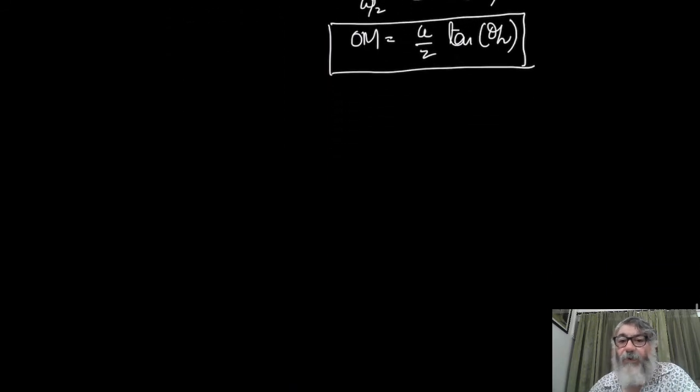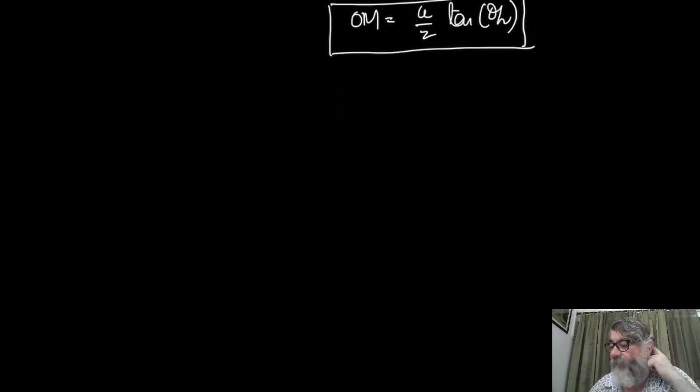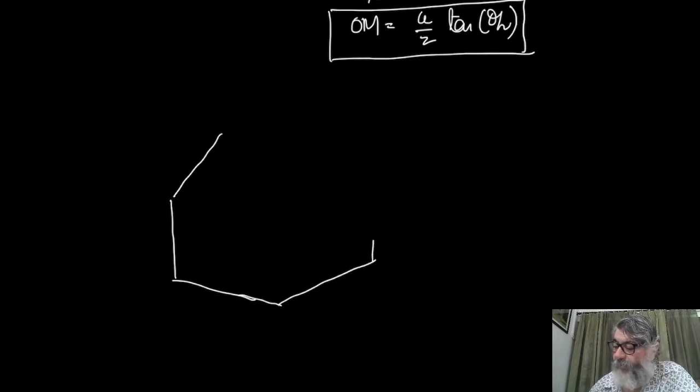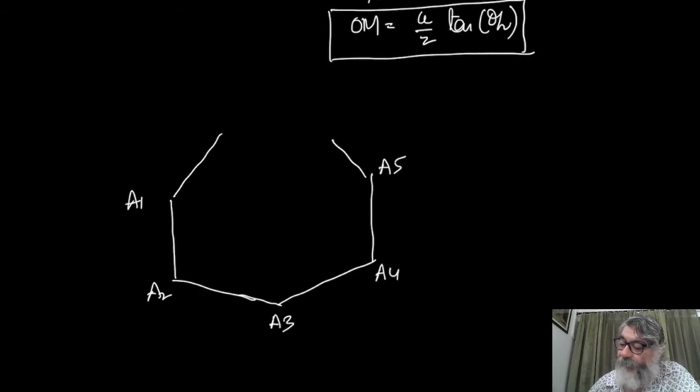Now let us draw another and see what we calculate. Again I draw an n-sided polygon. A1, A2, A3, A4, A5, and this is AN. And again suppose O is the center.